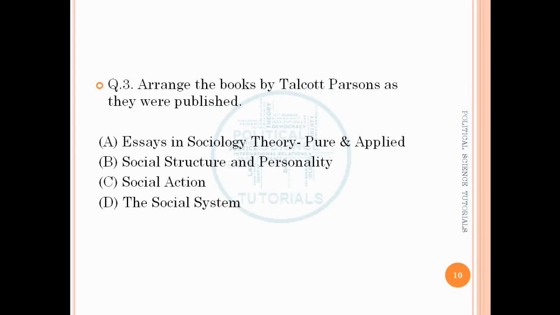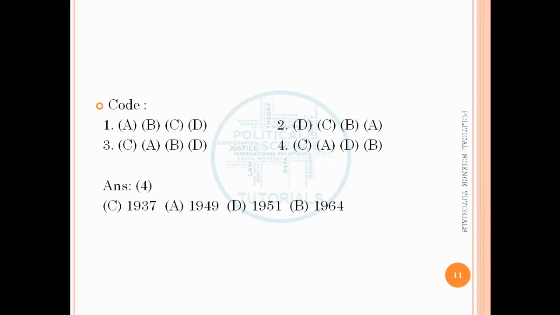Question number 3. Arrange the books by Talcott Parsons as they were published. The names of the books: Essays in Sociology, Theory, Pure and Applied, Social Structure and Personality, Social Action, and The Social System. And you have to now arrange these books. Now number C, Social Action. This book was written in 1937.